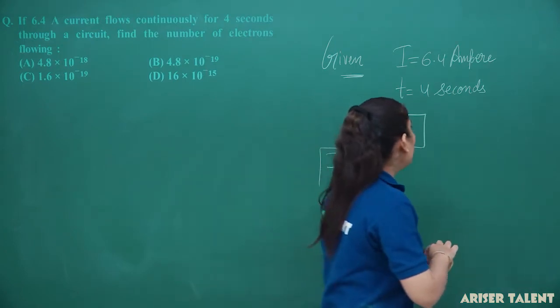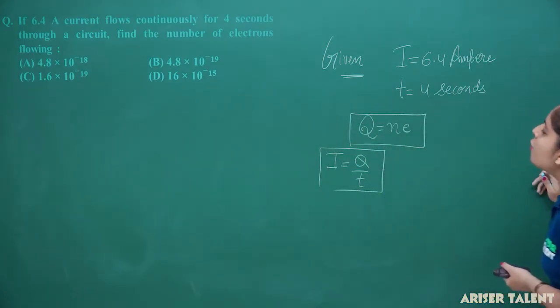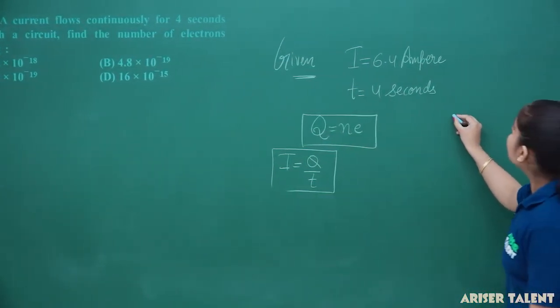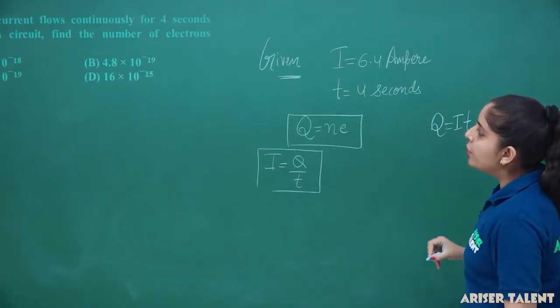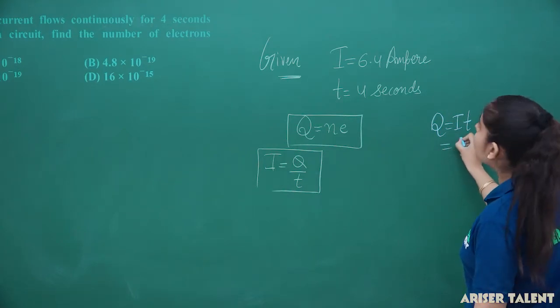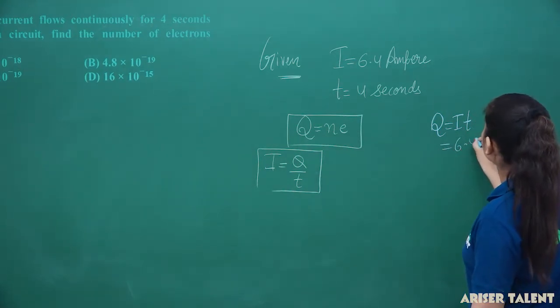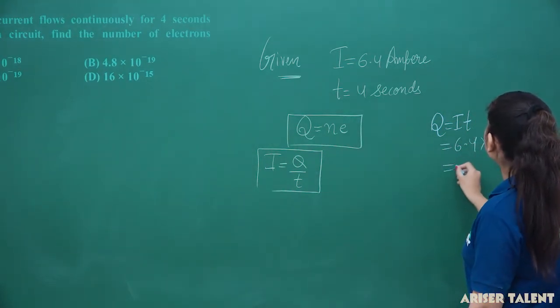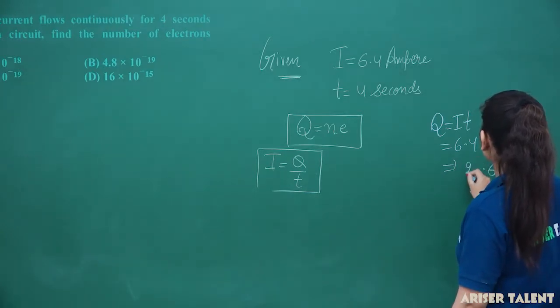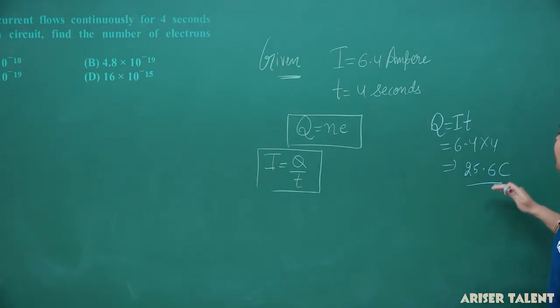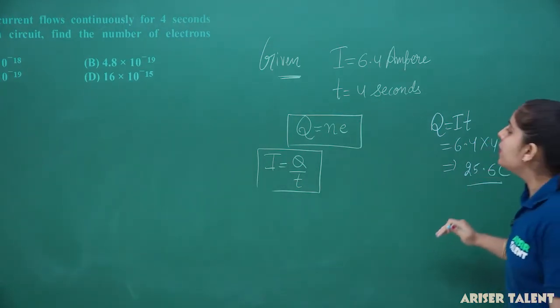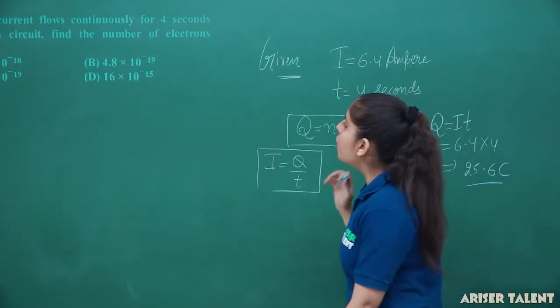Now, you have to determine the value of N from here. So firstly, Q equal to It. I can write here current is 6.4 and time is 4, and it came out to be 25.6 coulomb.